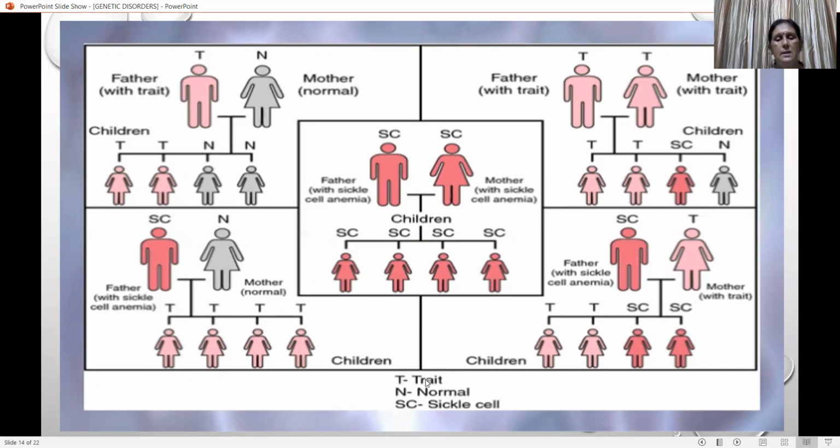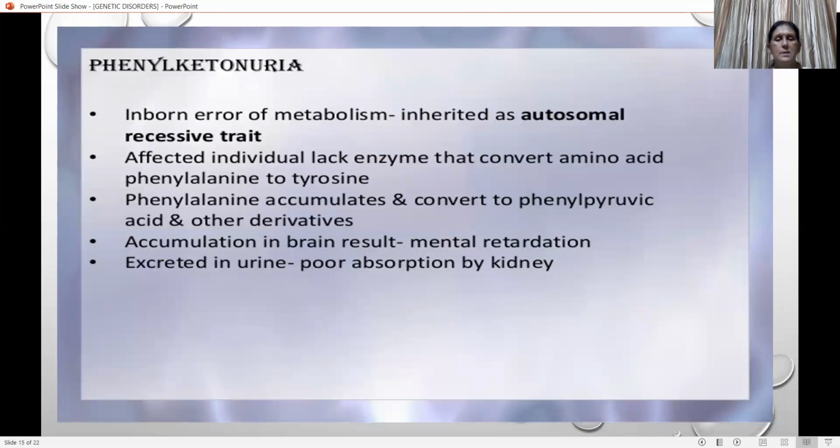So T means trait, that means carrier, N means normal, and SC means sickle cell. So from these various types of probabilities, we get them by crossing both types of parents. So this is the last Mendelian part, and the last one is phenylketonuria.